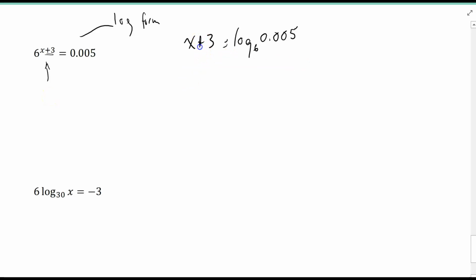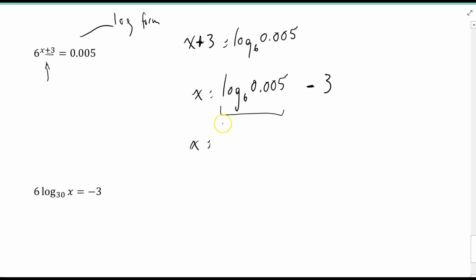And then we will be subtracting 3 from it when we move the 3 over, won't we? So x is equal to log base 6 of 0.005. That's a number. Subtract 3 from it.